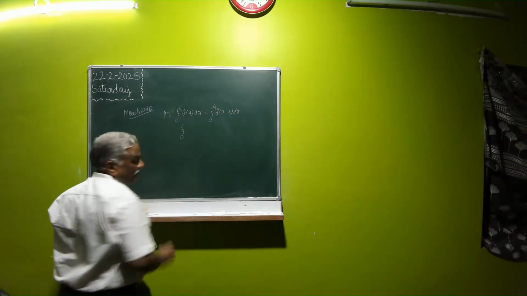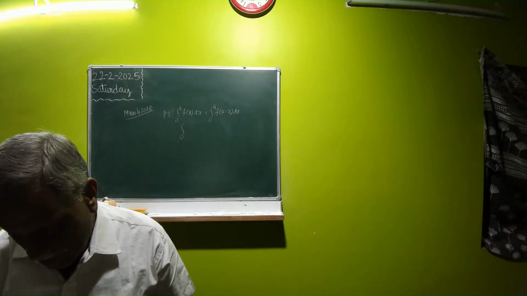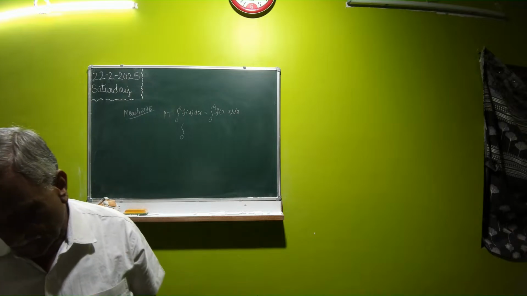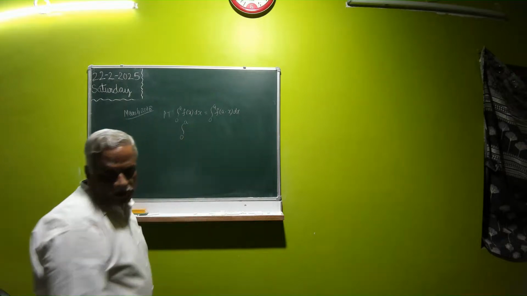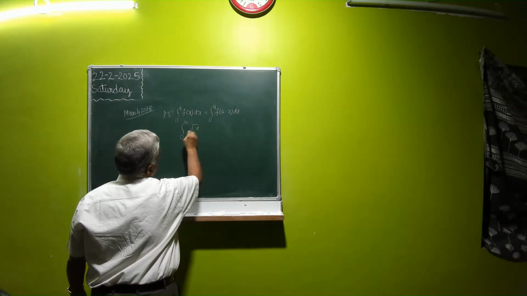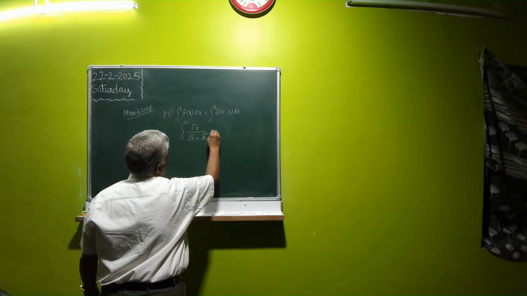What's the problem given? Integral 0 to a of root x upon root x plus root of a minus x dx.